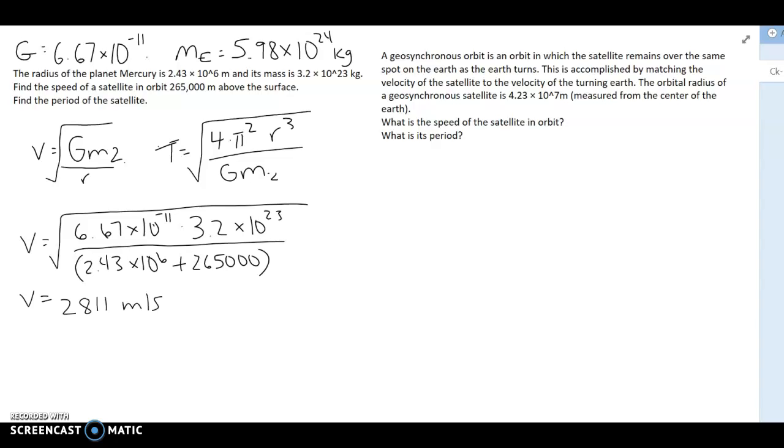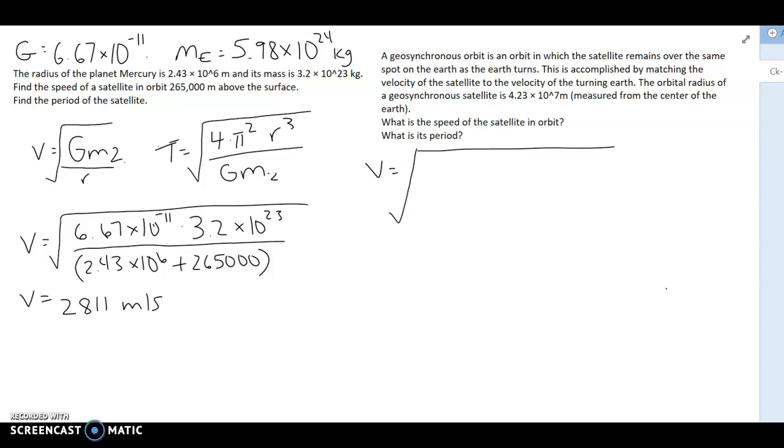Then you round it to get the answer that was on the adaptive practice. If you're doing this for the other one, you're going to use the same thing. V equals the square root of gm2 over r.